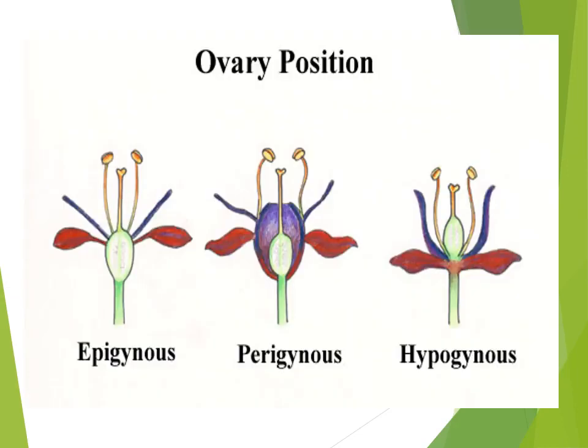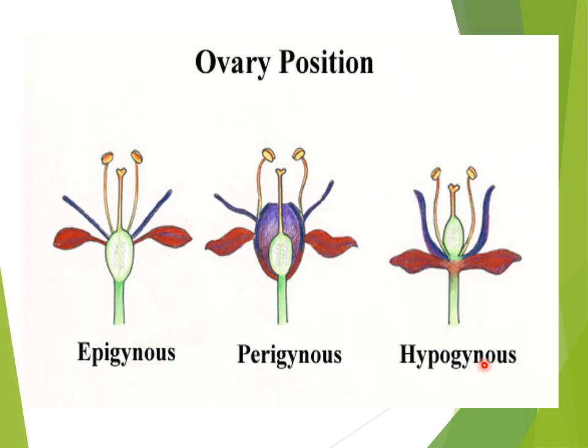Now in this picture you can easily understand the position of the ovary with the help of diagrams. First is hypogynous, ovary superior. Ovary is superior. How? When the floral whorls are below the base of the ovary, the position of the ovary becomes superior.